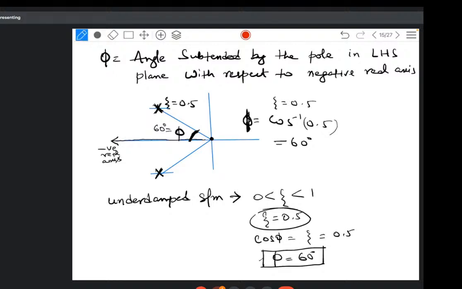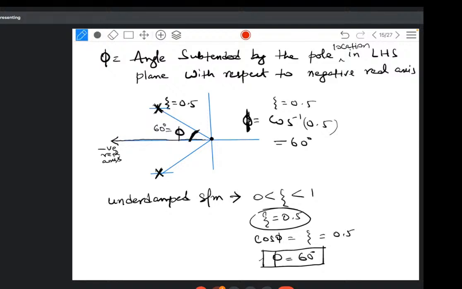This entire part is the LHS of the complex plane. So as you can see, phi is the angle subtended by the pole, or the pole location, in the LHS plane with respect to the negative real axis.